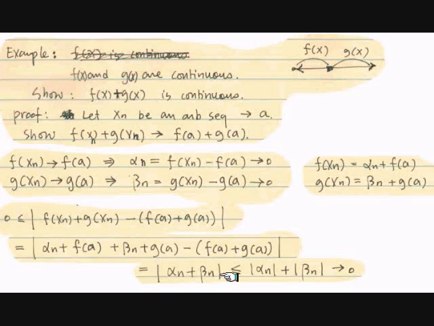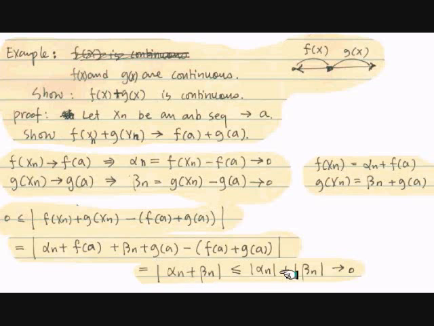Watch out: these were exactly equal, and the next part was exactly equal, but now it's not exactly equal. This is called the triangle inequality. Alpha n and beta n don't have to be positive, they could be negative.